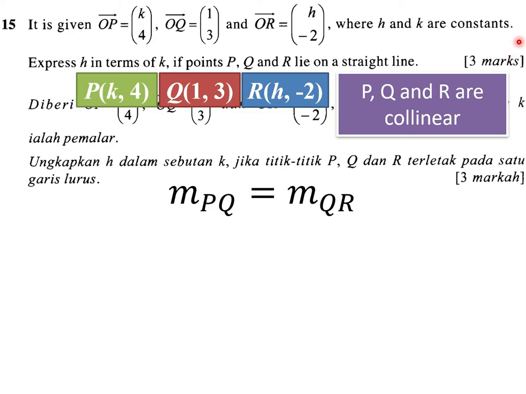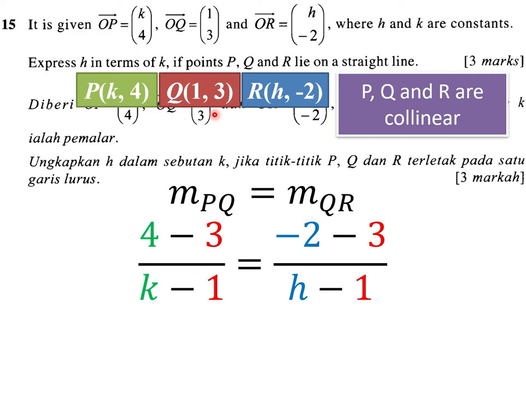Now I can directly find the gradient, right? If I want to find the gradient of PQ, I will get 3 minus 4 divided by 1 minus k. The gradient of QR will be negative 2 minus 3 divided by h minus 1. Then I compare them. See that? Then after that, we just have to cross multiply.